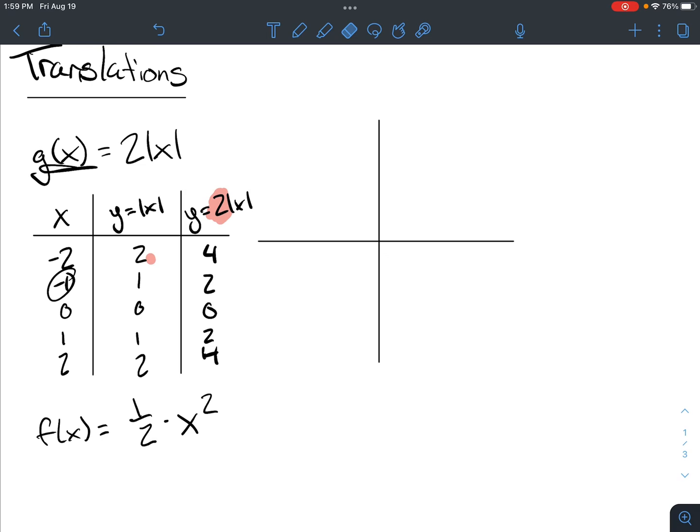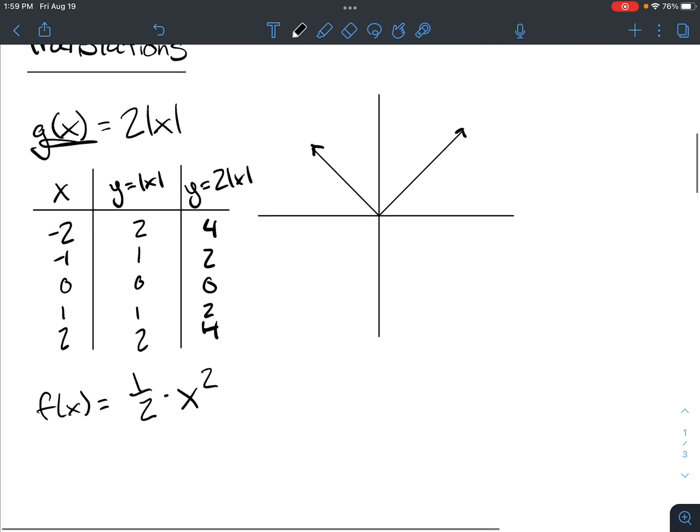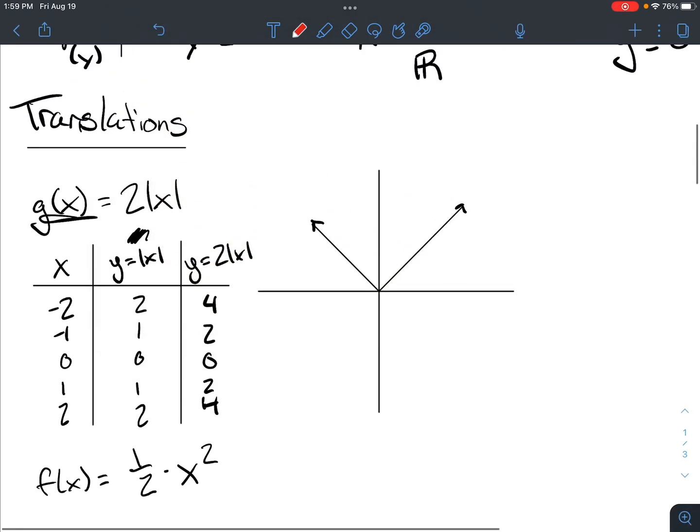This shouldn't be anything too new and exciting, but we could go over this if we need that extra bump. So let's draw our parent function. This is our parent function, and then our new function. At -2, we're going to be at 4, so we're going to be all the way up here.